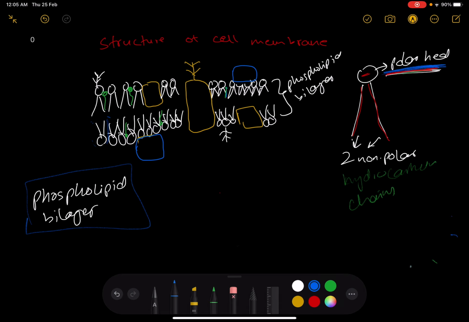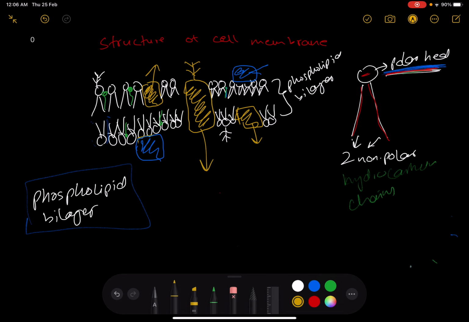One is called extrinsic proteins, which are not part of the lipid bilayer. So the blue ones are extrinsic proteins, whereas the yellow ones are called intrinsic proteins. They can be full-span proteins like this one is, or there can be half-spanning proteins like these two are.